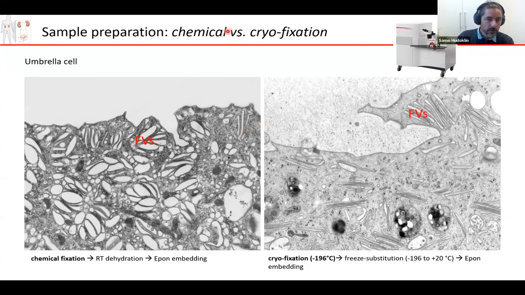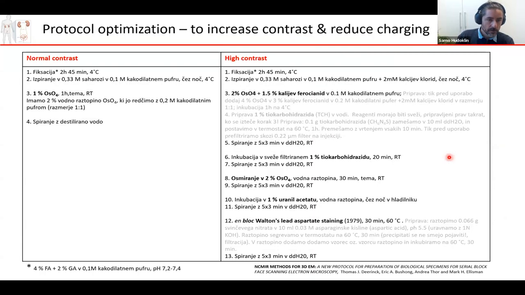Of course, we usually use cryofixation, which gives you much nicer ultrastructure in comparison to chemical fixation, where the ultrastructure is frequently blown up or just not at the level you can expect with cryofixation and freeze substitution. But then we had to increase the contrast. So we introduced more osmium into the sample. That also helped to reduce the charging of the material and gave better contrast.